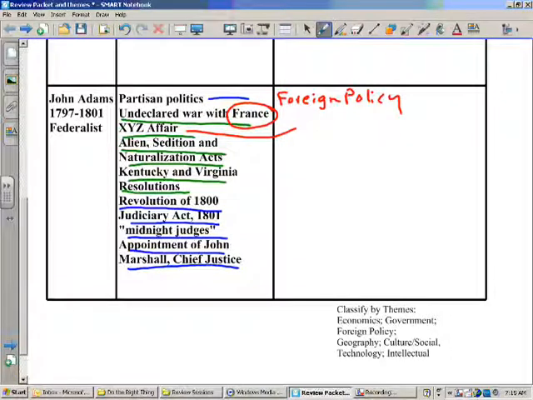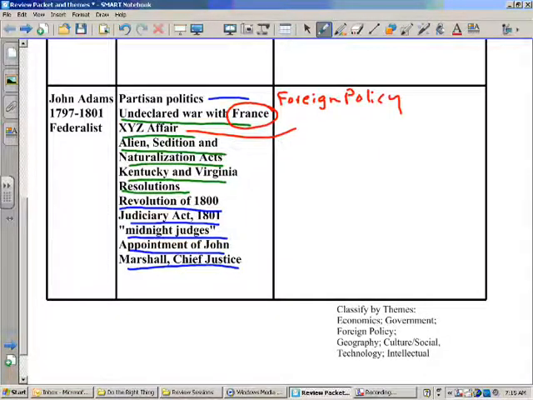Then, in order to help finance his new navy that John Adams was going to implement, and to protect the power of our new central government as we had this quasi-threat with France, John Adams would pass the Alien and Sedition Act.